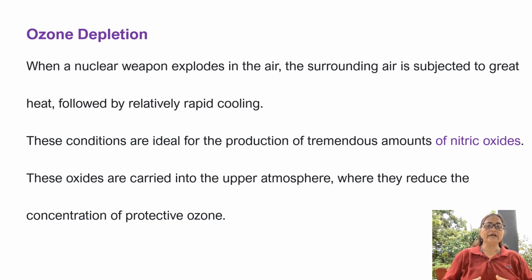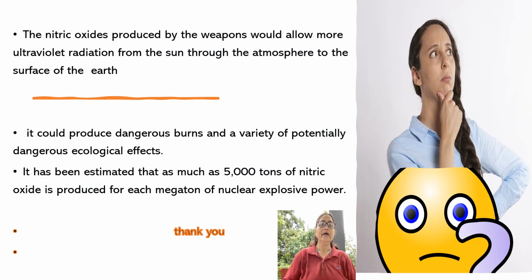And these oxides are carried into the upper atmosphere. They reduce the concentration of our protective ozone layer. And this nitric oxide produced by the weapons allows more ultraviolet radiation to reach the surface of the earth. And definitely you know that these radiations are very harmful for the human body, for our crops, for our vegetation, for our livestock.